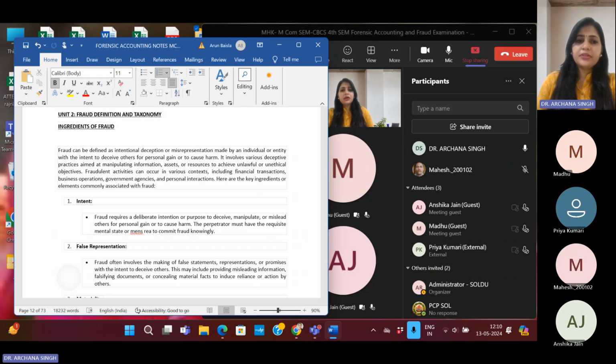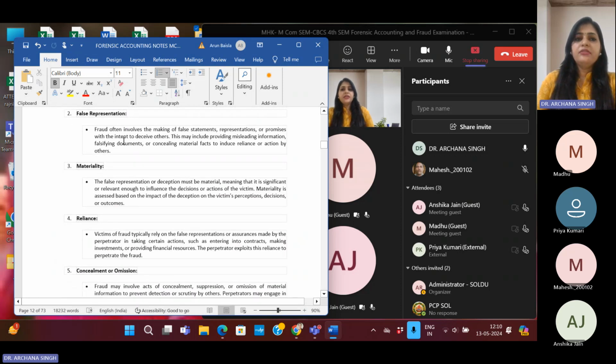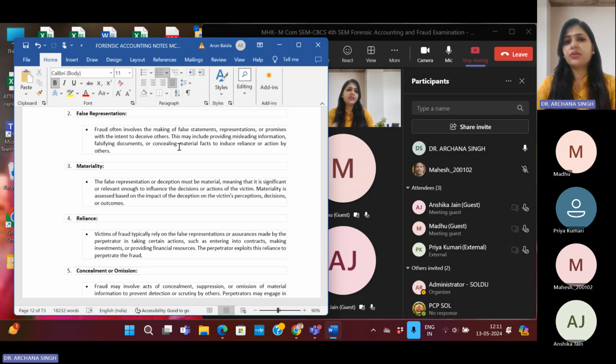Second is false representation. False representation means fraud often involves making false statements, representations or promises with the intent to deceive or harm others. Okay, this may include providing wrong or misleading information, falsifying documents, concealing the material facts to induce reliance or action by others.